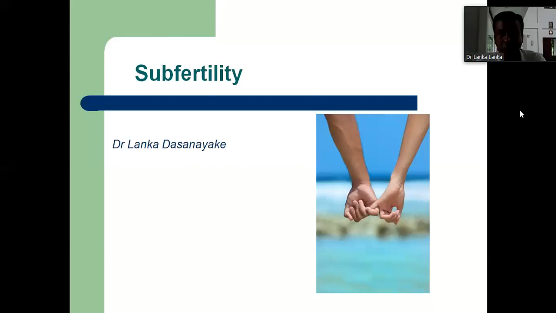It is a big problem at the moment. There may be geographical variations, but the worldwide incidence is around 10 to 15%. That means 1 out of 5 couples can have a problem with subfertility, maybe primary or secondary.